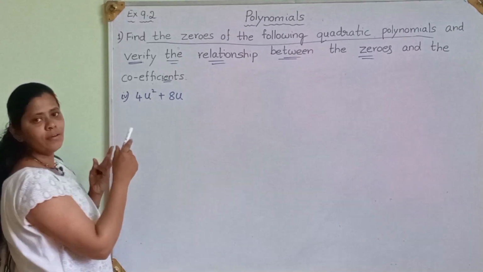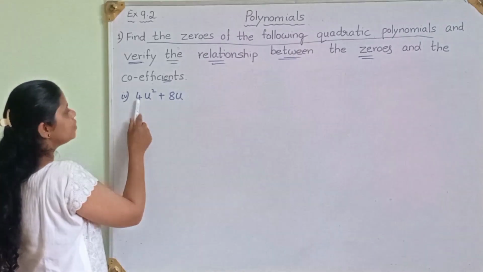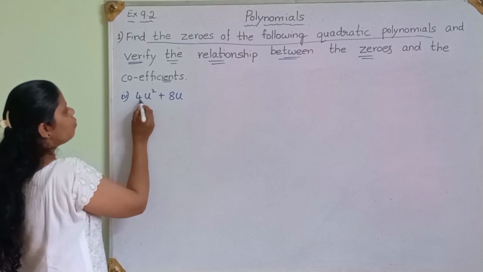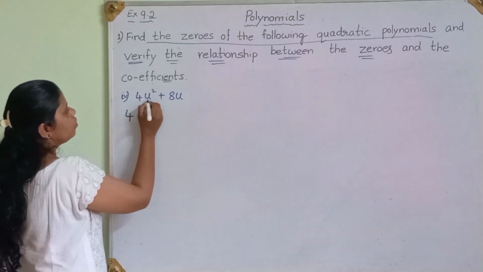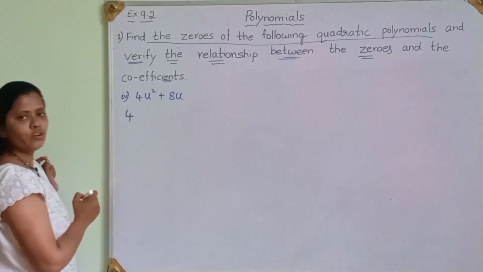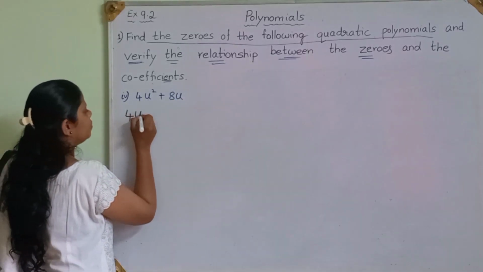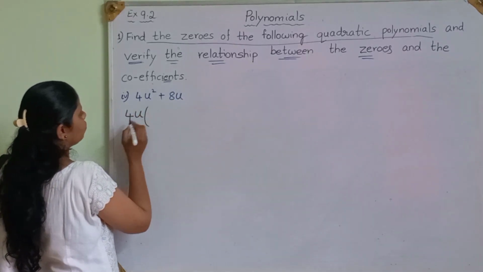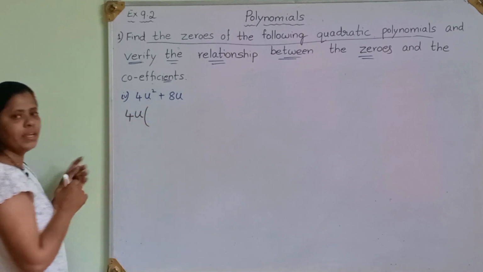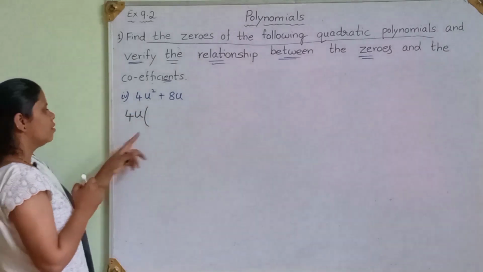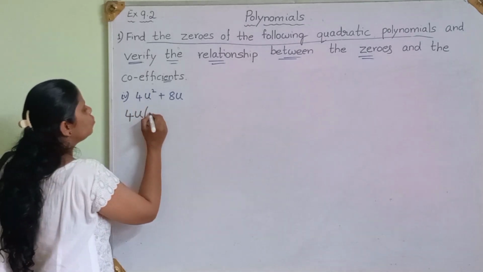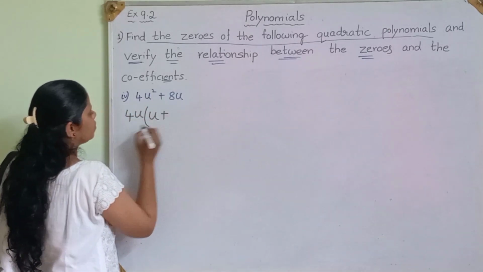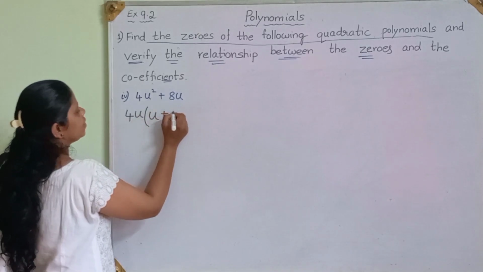Let us find out the factors for this. Which is common in 4 and 8? 4 is common. In u square and u, what is common? u is common. Therefore, let us bring 4u outside the bracket. For u, what is left? u is left. u plus 2, since 4 2s are 8.